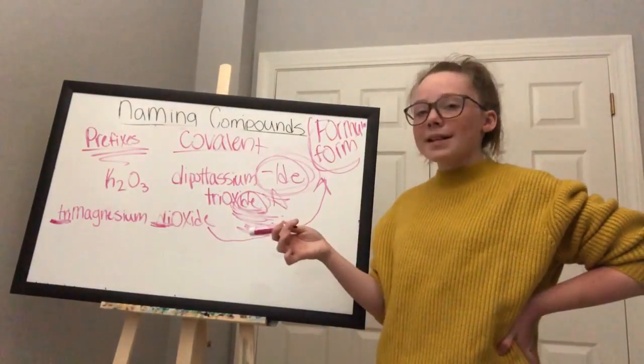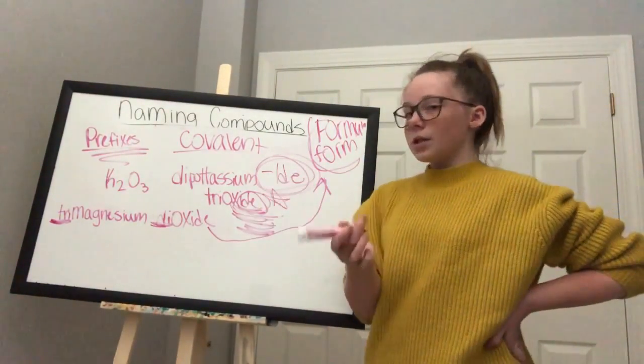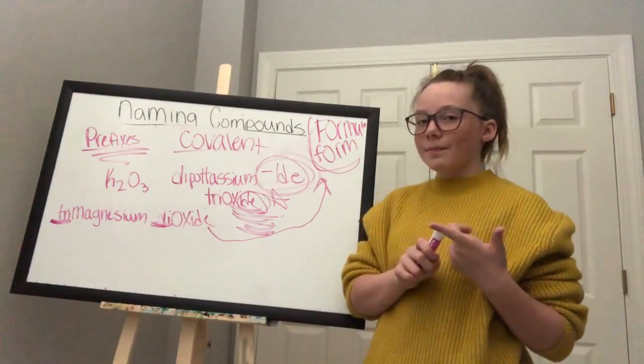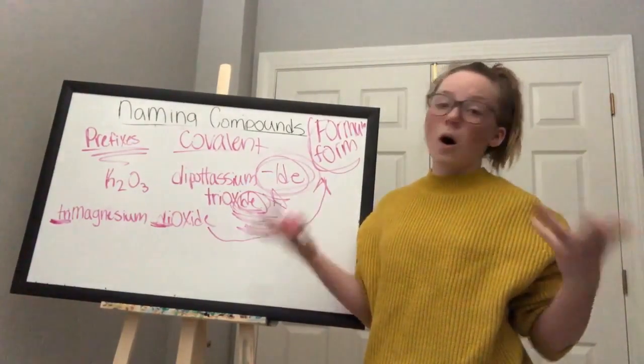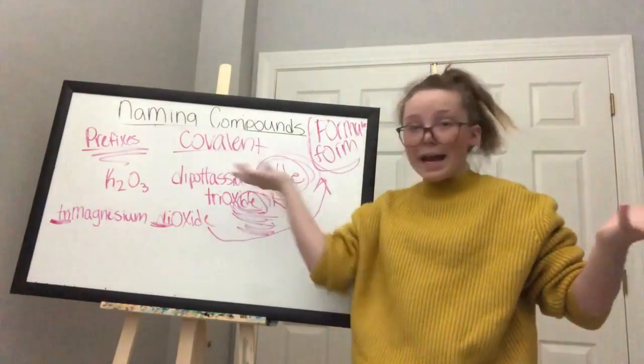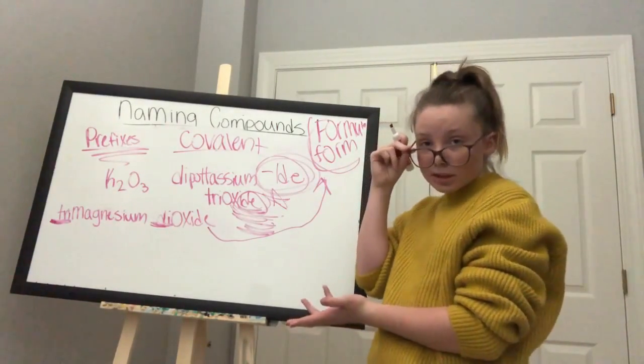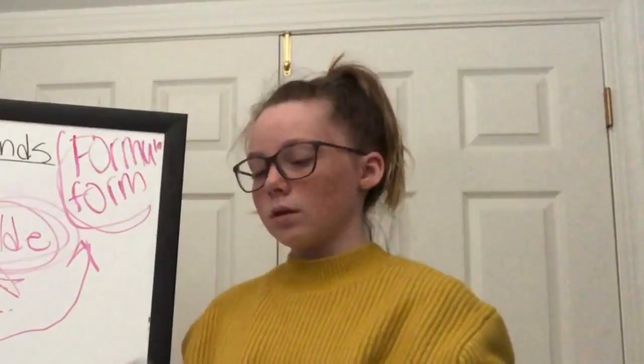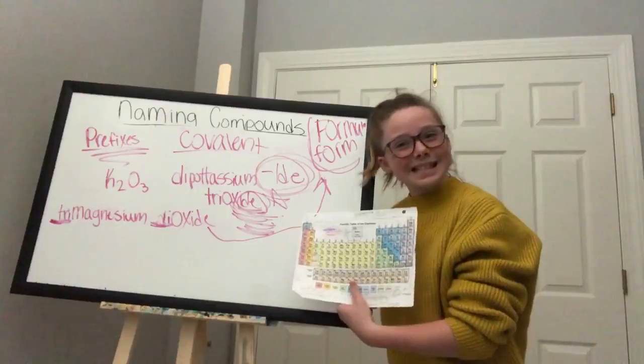So for trimagnesium, first, identify the element. The element is magnesium, obviously. But what's its symbol? What do scientists use to stand for it? Well, let's pull out our handy-dandy periodic table of the elements and see.